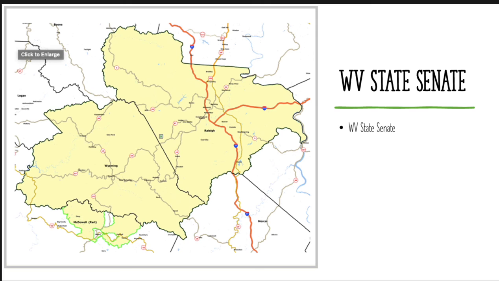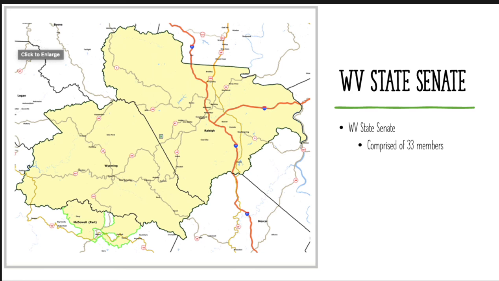The district that you definitely live in is this district, because it's both Wyoming and Raleigh and part of McDowell County. Raleigh, Wyoming, and part of McDowell County is the election district that you live in for the West Virginia State Senate. Okay? Now, the West Virginia State Senate only has 33 members. There's 55 counties, but there's only 33 senators.